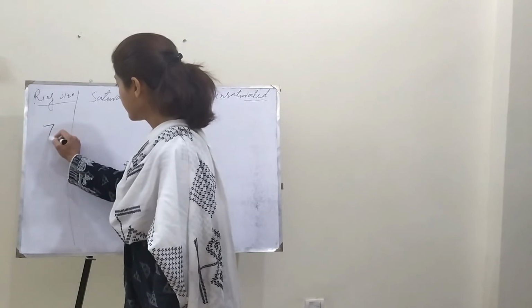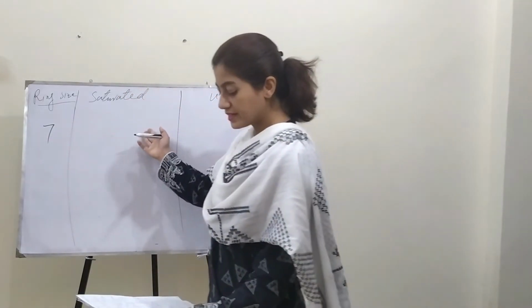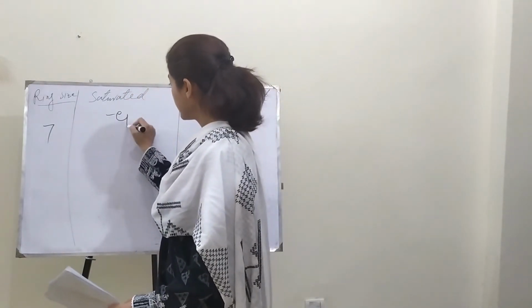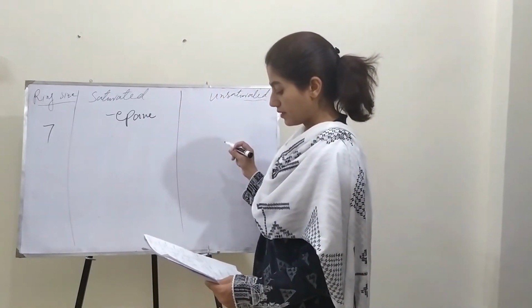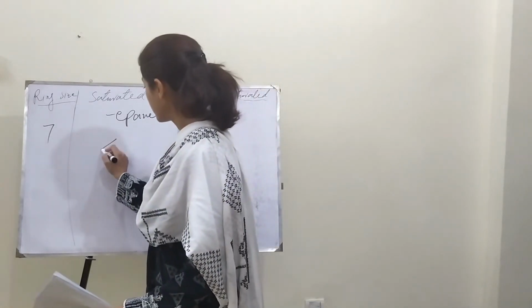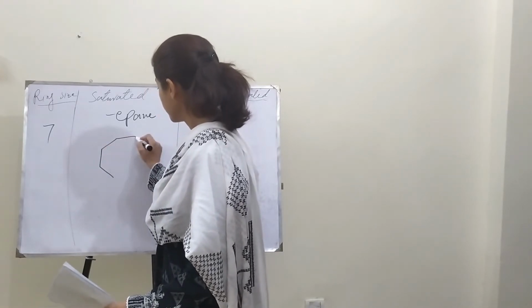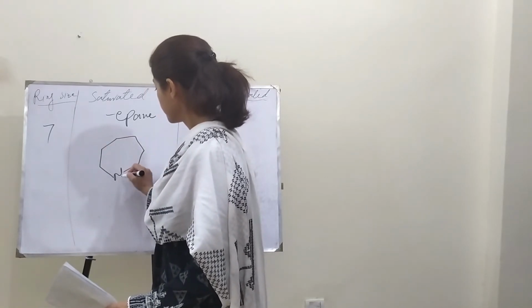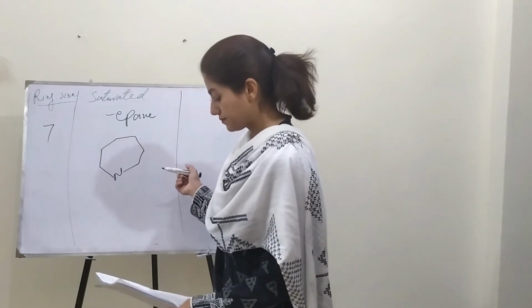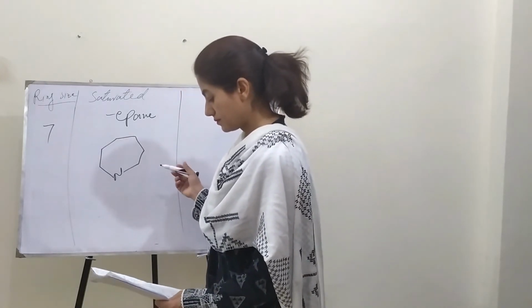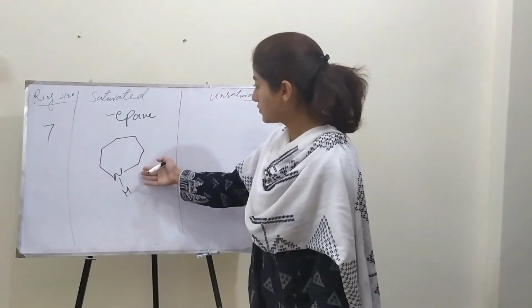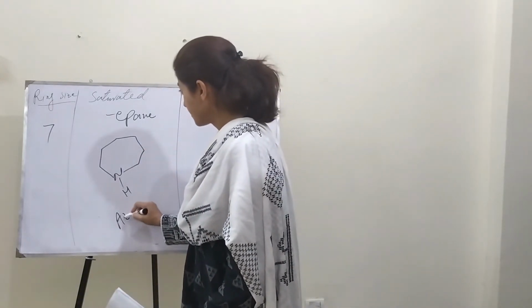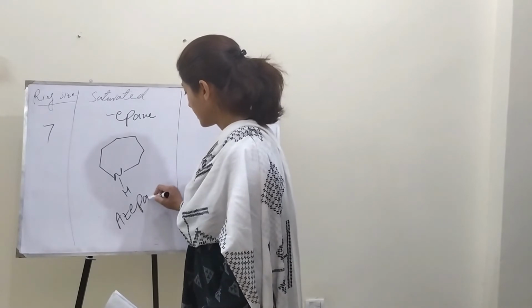Hence, in the case of a 7-membered ring for saturated systems, it would be epane, as for example in the case of nitrogen, this is the saturated system with nitrogen, so it would become azepane.